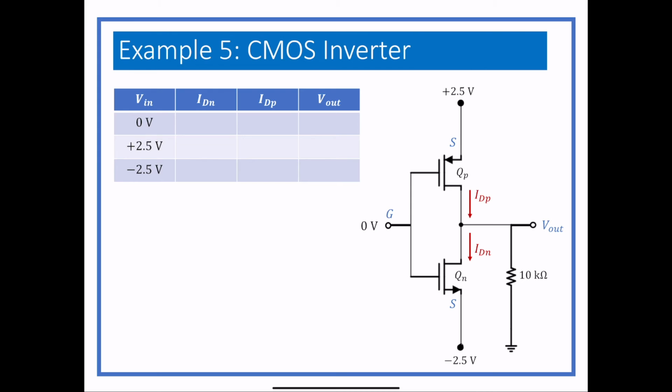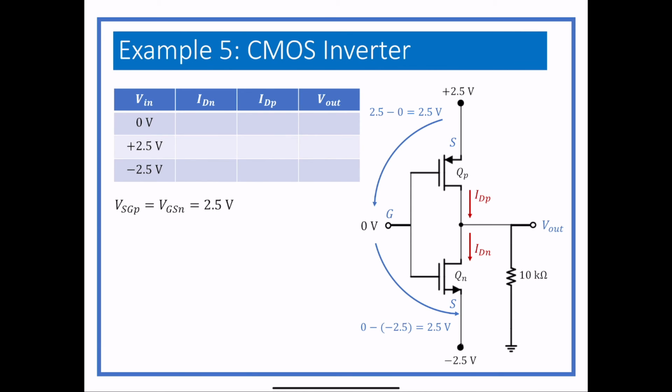So we know that VGS for the PMOS is going to be that difference, 2.5 minus 0, so we get 2.5 volts there. And we always do VSG for the PMOS, we just turn that around. So we know that value is going to be 2.5 volts, and it's actually going to be the same for the NMOS, because the NMOS has a negative voltage at the bottom of it, so we have 0 minus negative 2.5.